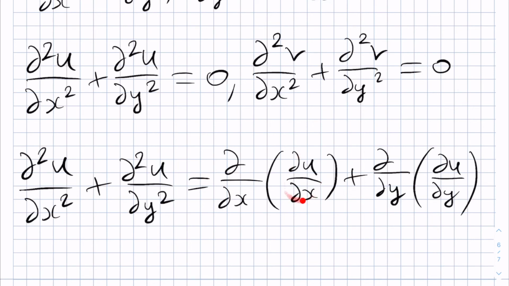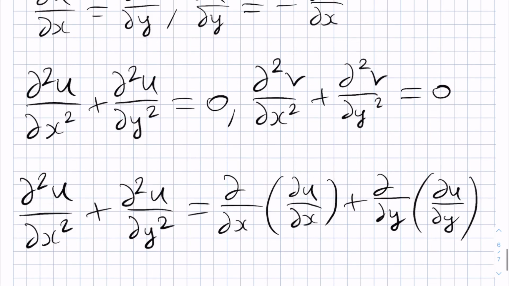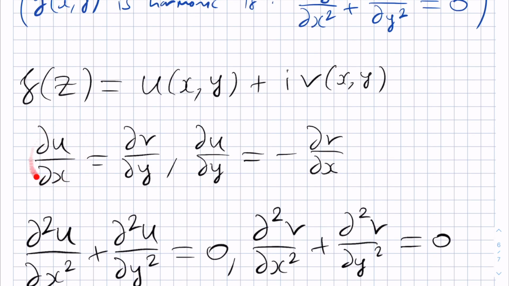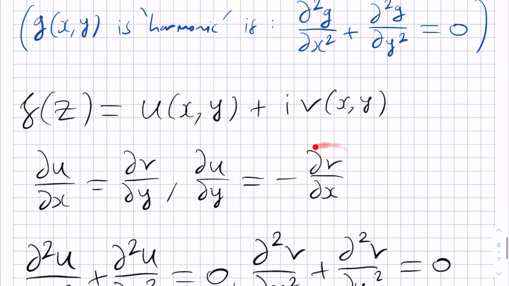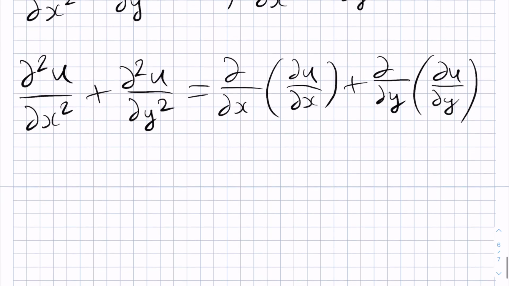We do it once with that variable and then again. Now we can use the Cauchy-Riemann equations. We can take du/dx and replace it with dv/dy, and the same with du/dy, giving us a minus dv/dx.